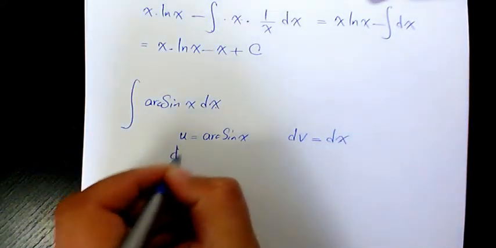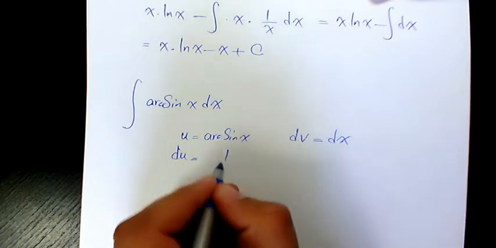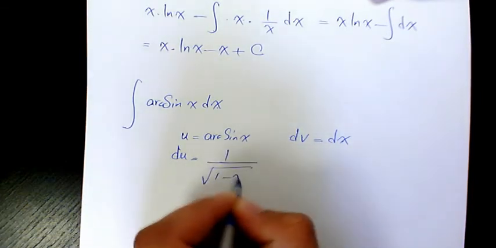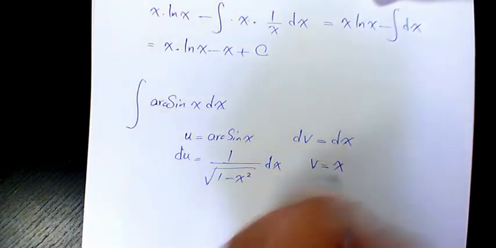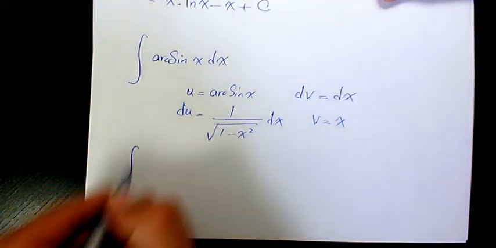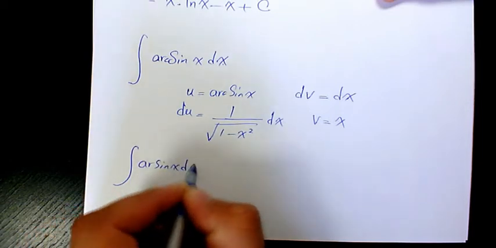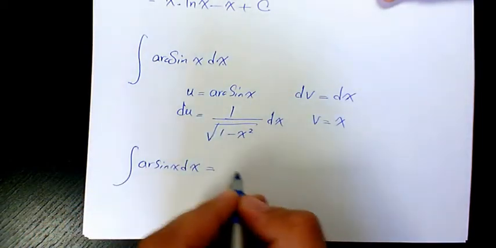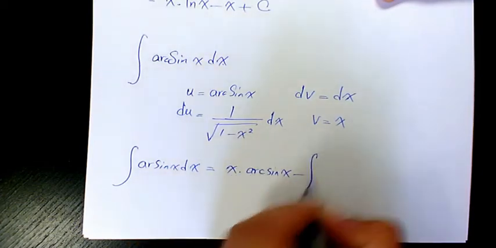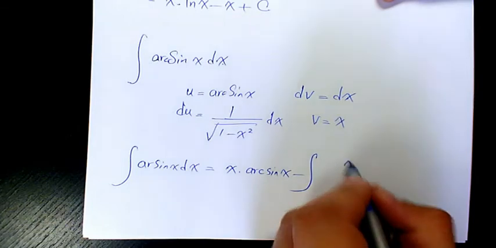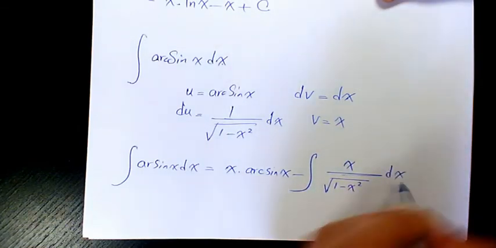So du, the derivative of arc sine x, is 1 over root 1 minus x squared dx, and v is x. So we have arc sine x dx is going to be u times v, which is x times arc sine x, minus v du. So x over square root of 1 minus x squared dx.